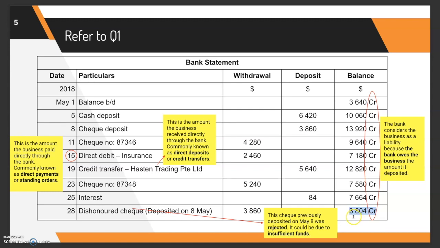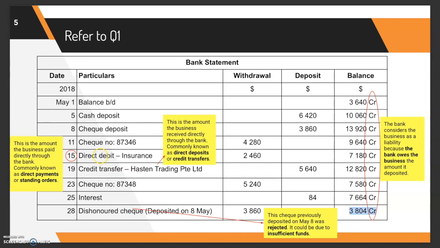I'm going to describe the first reason on this slide. You can see here the three yellow notepads that describe the three common transactions that the bank can do on the business's behalf.